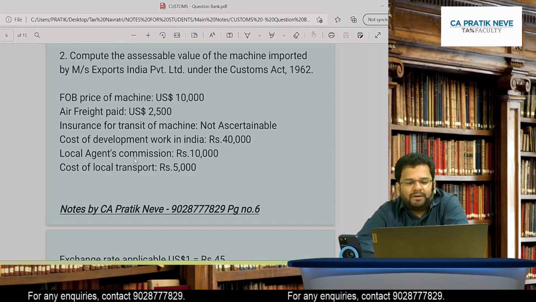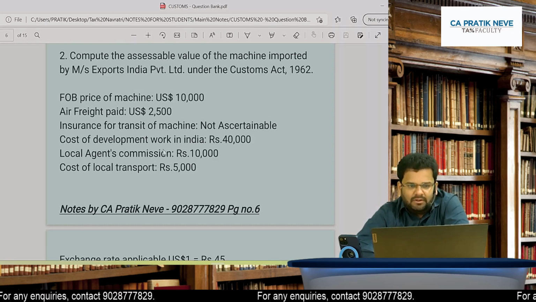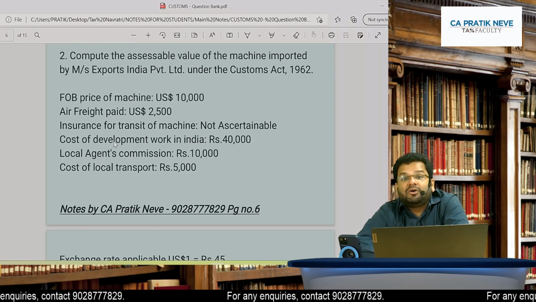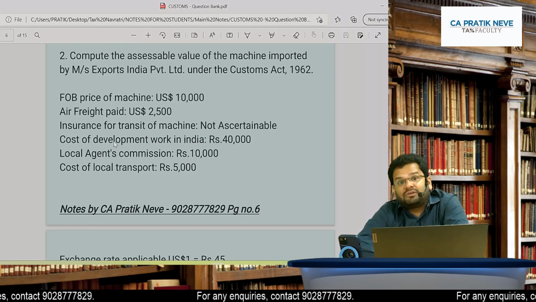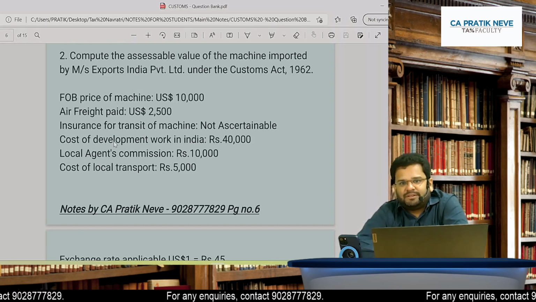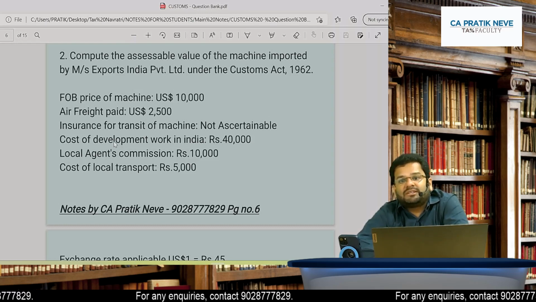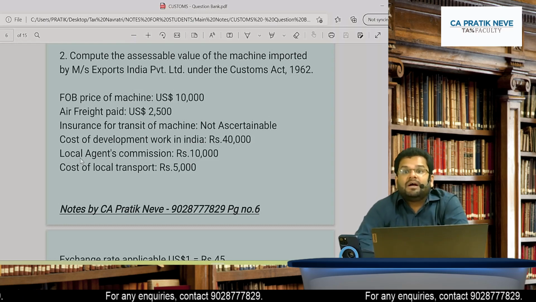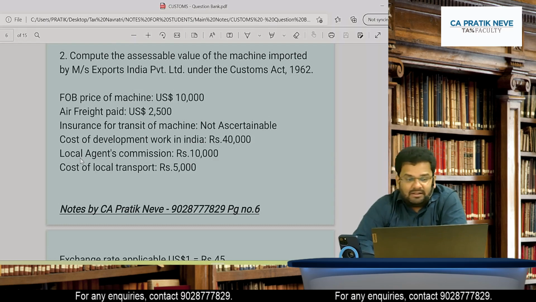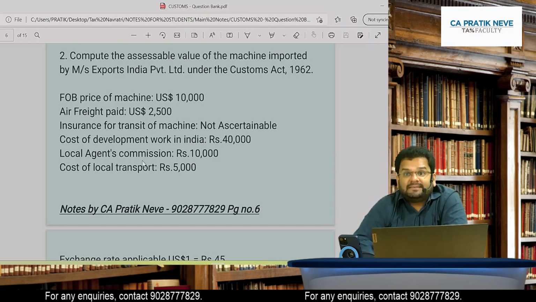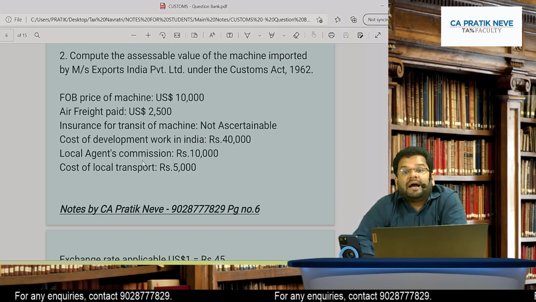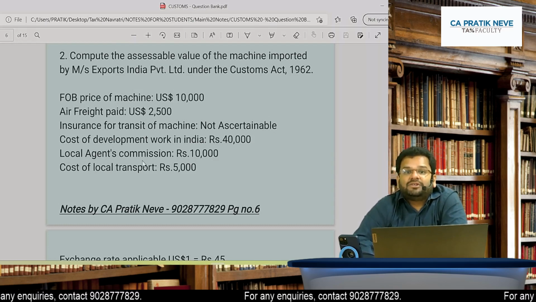Cost of development work in India will not be taken, because this expense is incurred after importation. So post-importation expenses are neglected. Local agent's commission, yes, include it, assuming that it is other than buying commission.